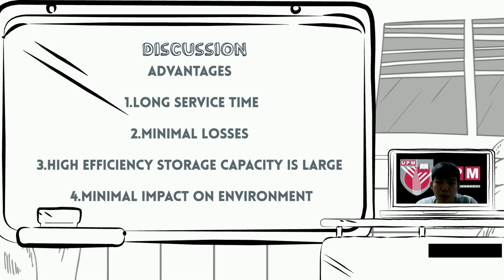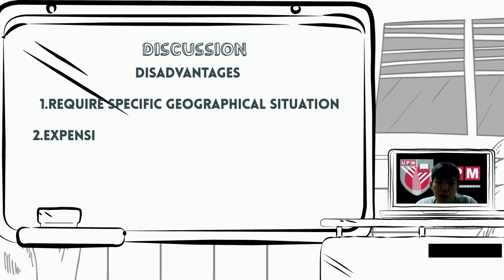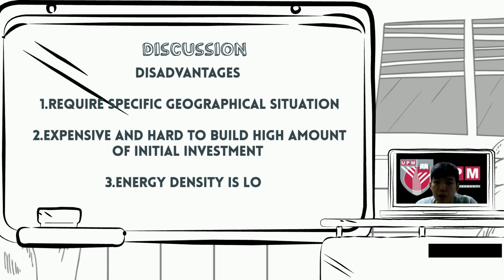The disadvantages are that it requires specific geographical conditions, it is expensive and hard to build, it requires a high amount of initial investment, and the energy density generated is low.